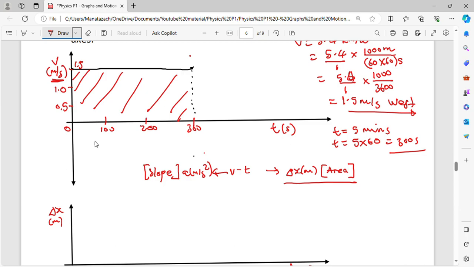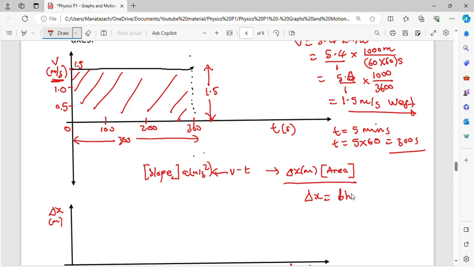is the hatched part, which has the base of 300 seconds and the height is 1.5 meters per second. So we can easily work out the position by saying the position is equal to base times height.